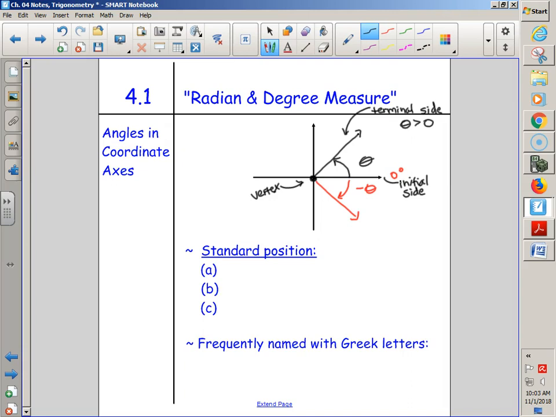Anyway, standard position. So what do we know? The vertex is at the origin. The initial side is on, I'm just putting words to what I already said, the positive x-axis.